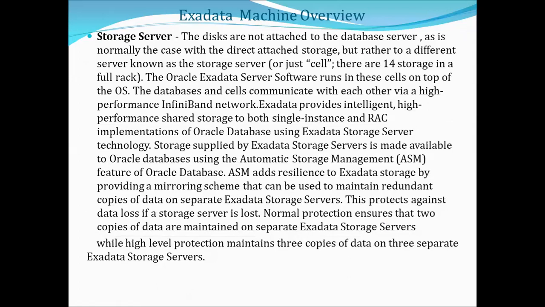ASM provides resilience of storage by providing a mirroring scheme. We have two types of mirroring scheme here: normal protection and high protection. In normal protection, two copies of data are maintained, and in high protection, three copies of data are maintained on different Exadata storage servers.